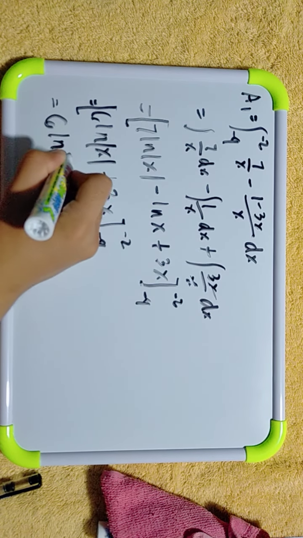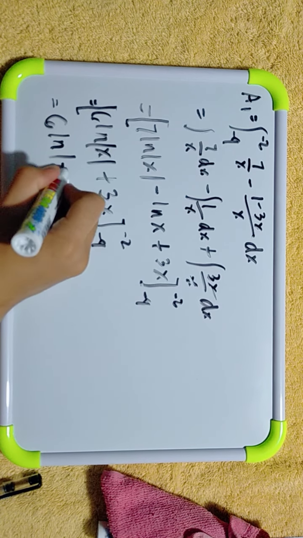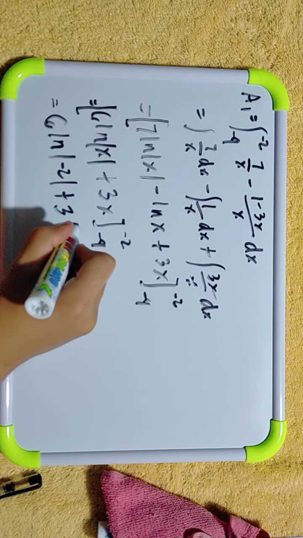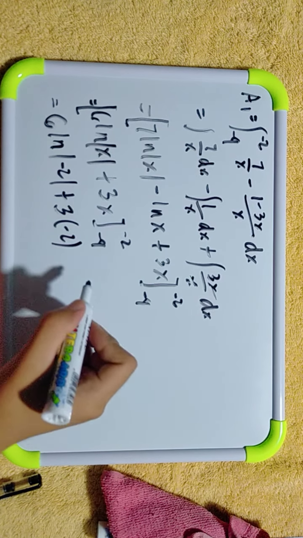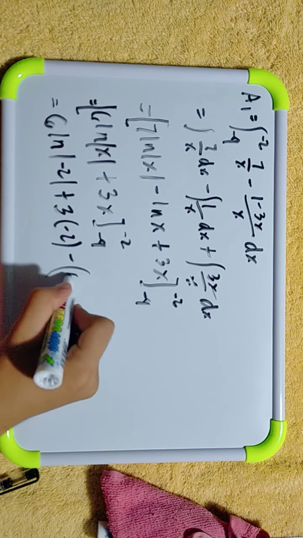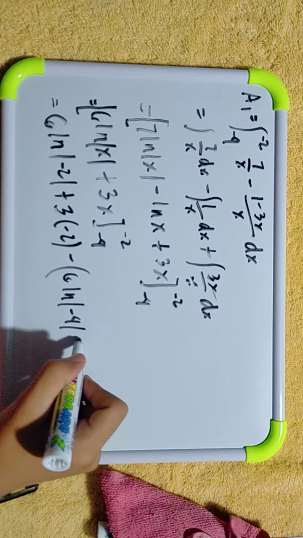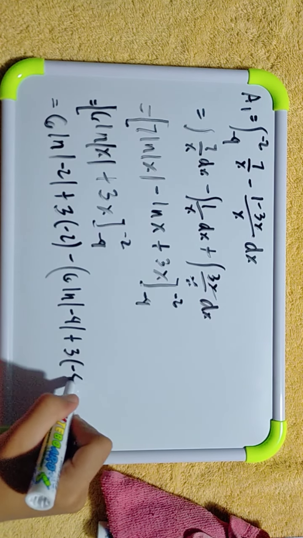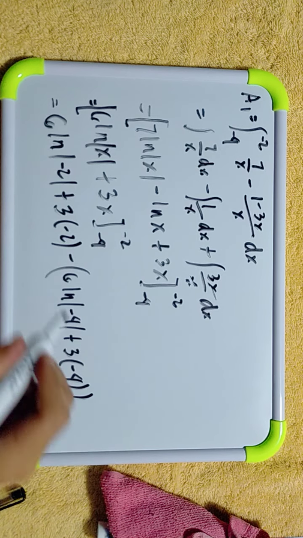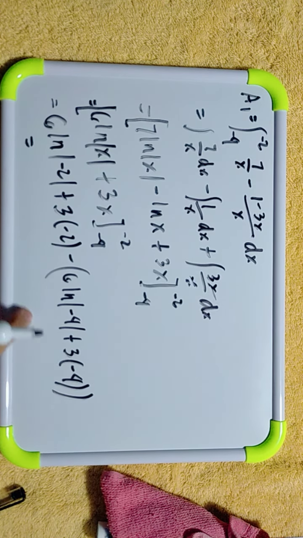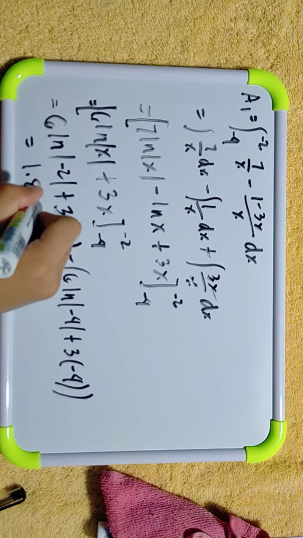6 ln absolute value of negative 2 plus 3 times negative 2 minus 6 ln the absolute value of negative 4 plus 3 times negative 4. And then, kapag ang sagot naman dito is 1.84.